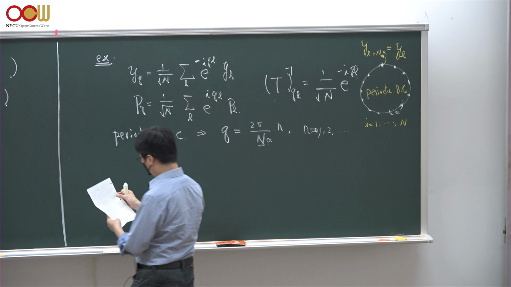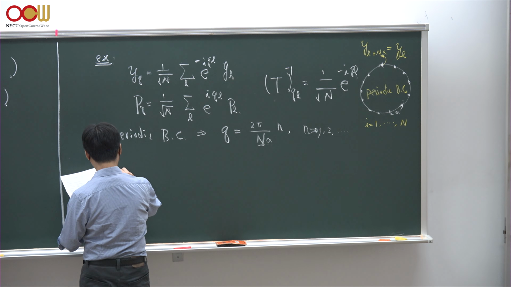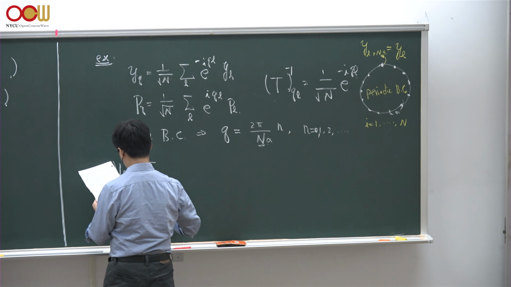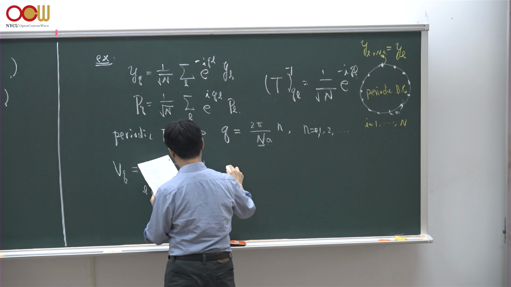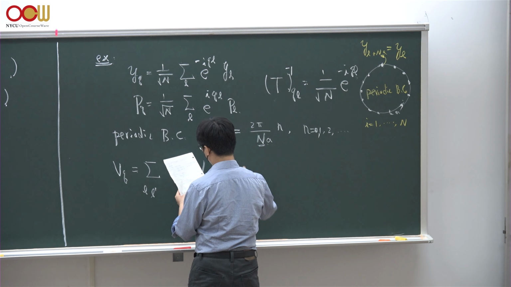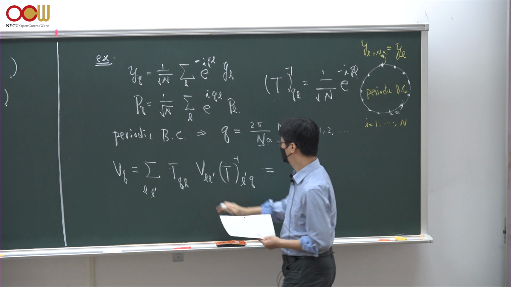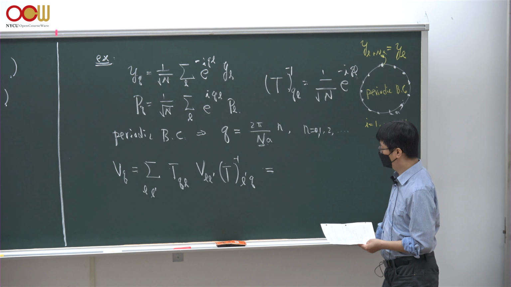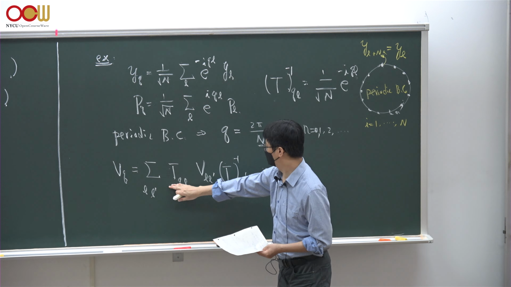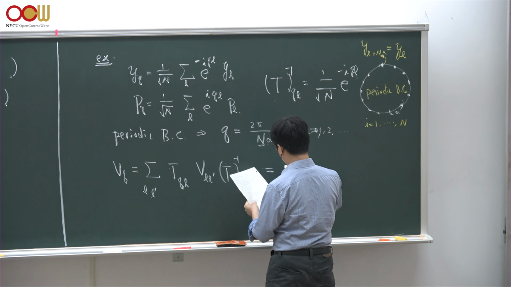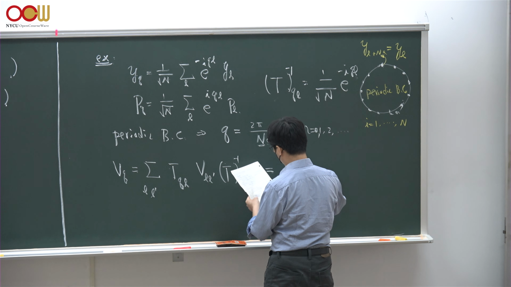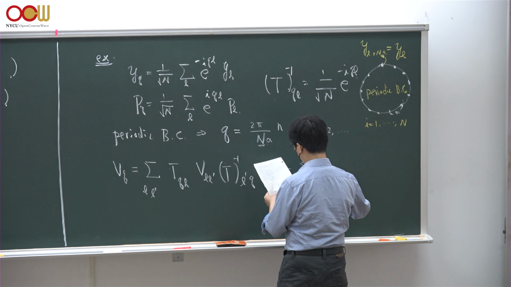Good. And what about the V_q? It is the matrix element in the transformed basis. In other words, the potential matrix after this unitary transformation is going to be diagonalized, and that matrix element is given by this phase difference.